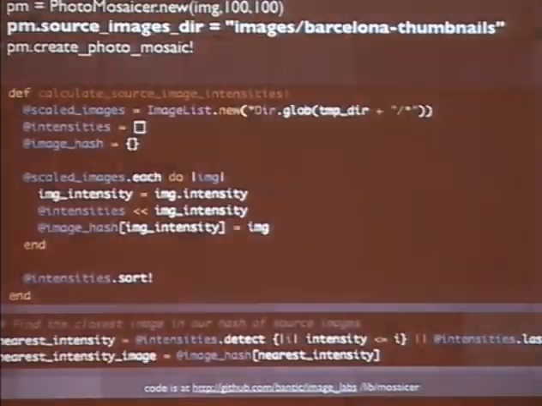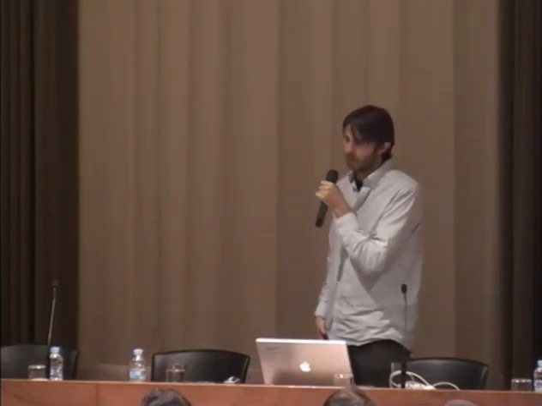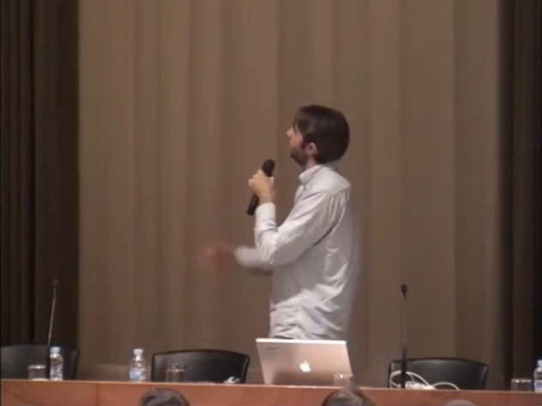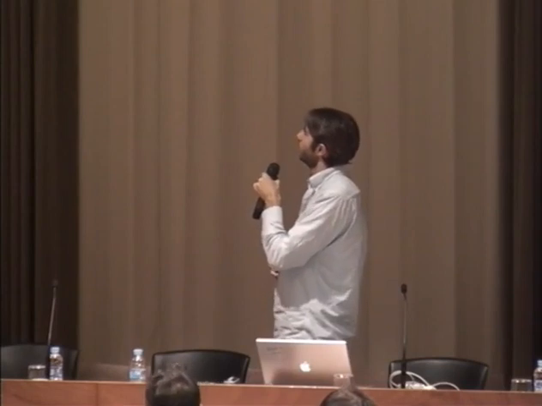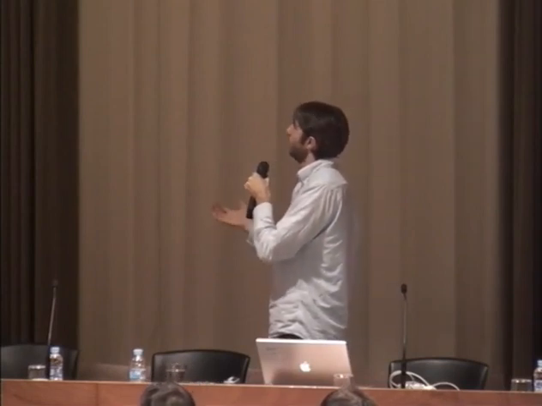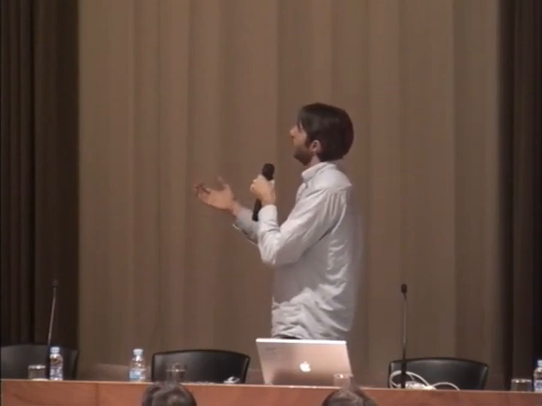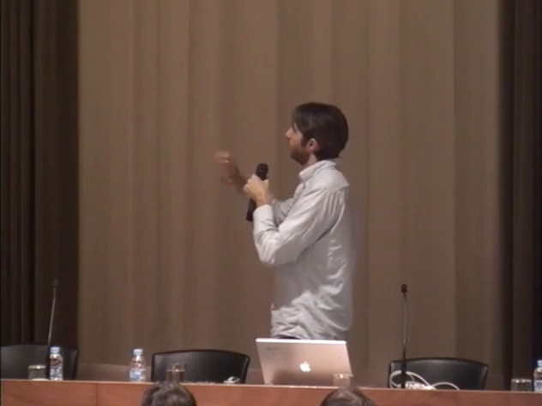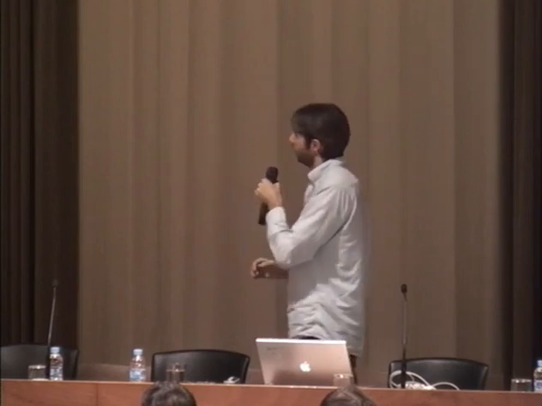Okay, cool. So this time the code is the same, except for the photo mosaic object we specify a directory of thumbnails that it's going to use to swap out the chunks of the image.